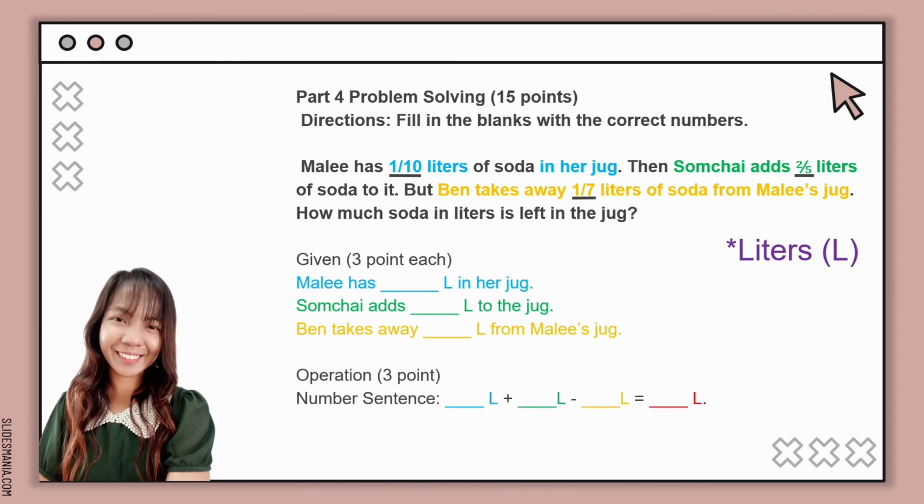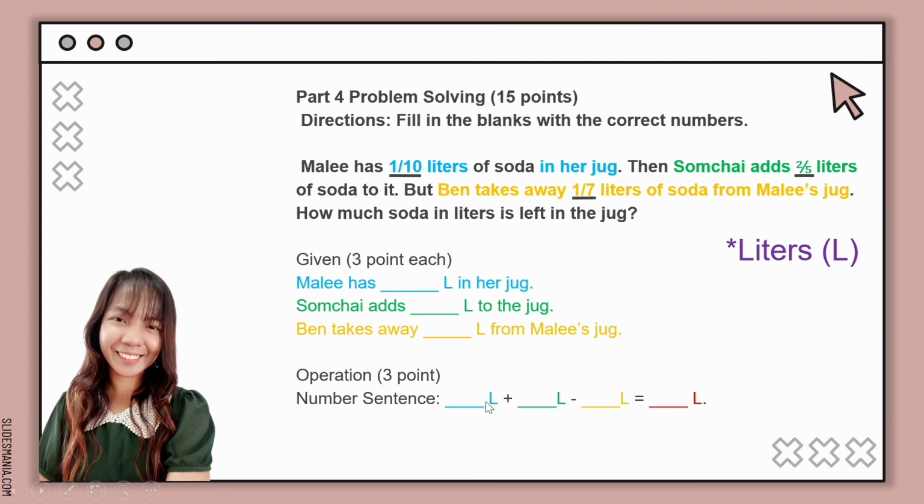And then for the number sentence, I'm giving you a clue by putting colors. Based on its color, just write the fraction 1 over 10, and then 2 over 5, and then for the yellow, 1 over 7, and this one in red is your answer.